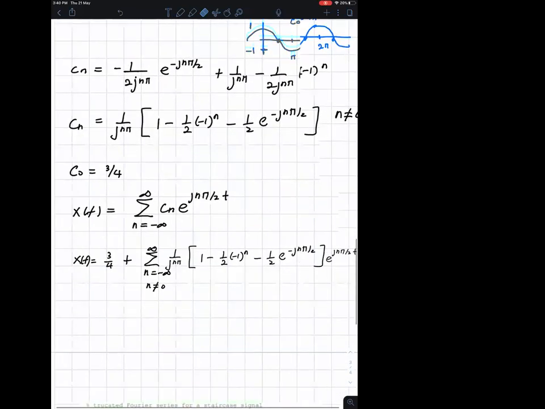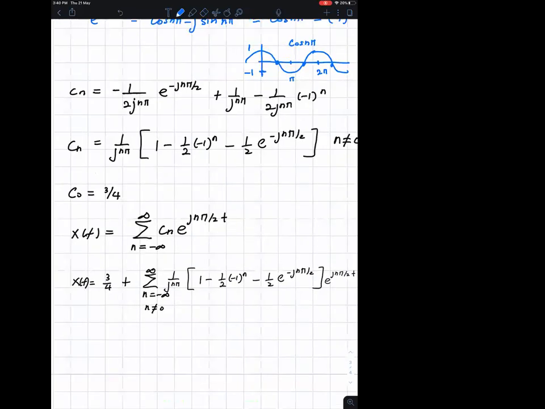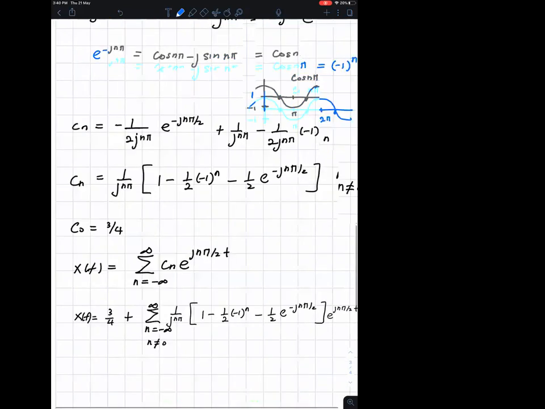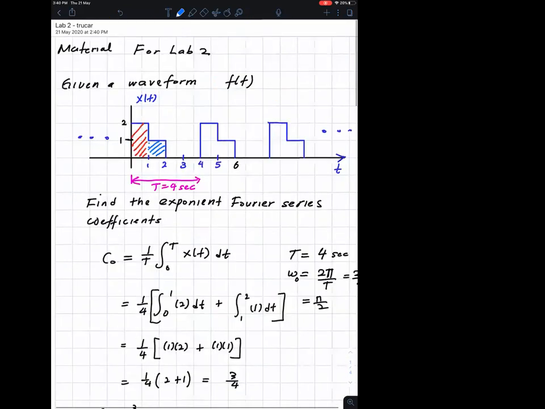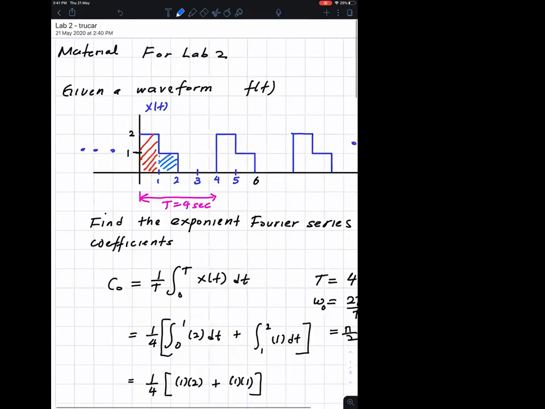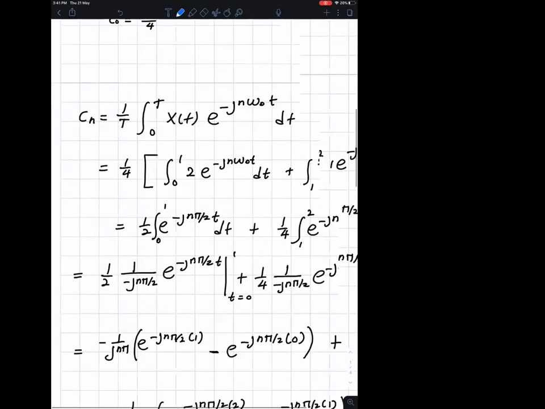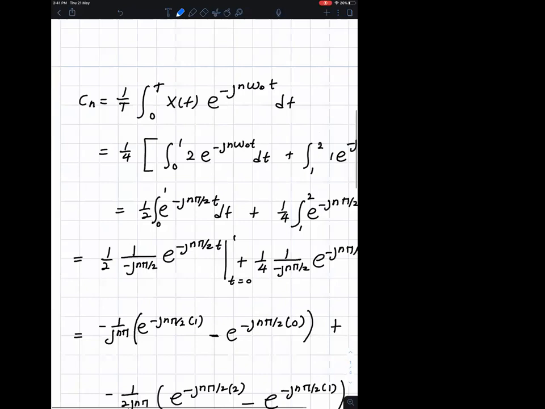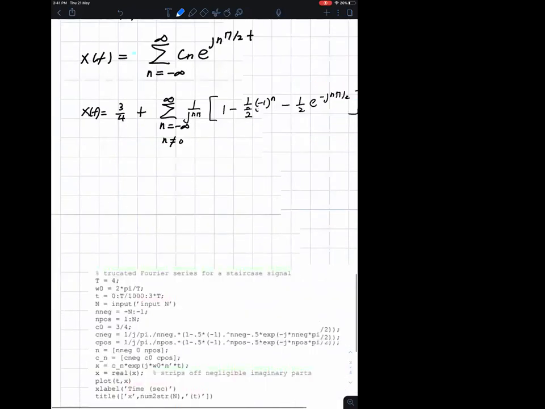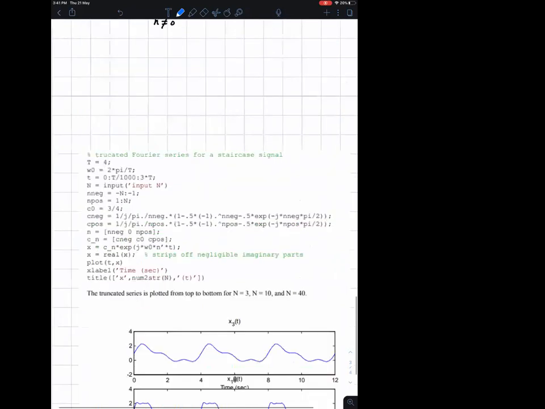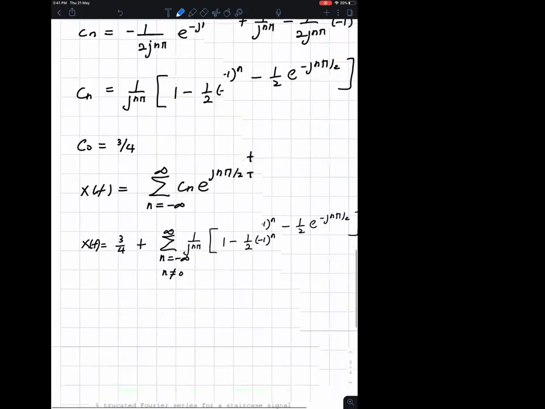what this equation is doing is trying to synthesize this waveform. So we can put this in a Fourier series. Whatever you derived here is written in the program now.